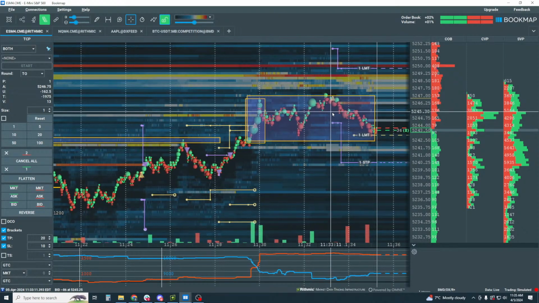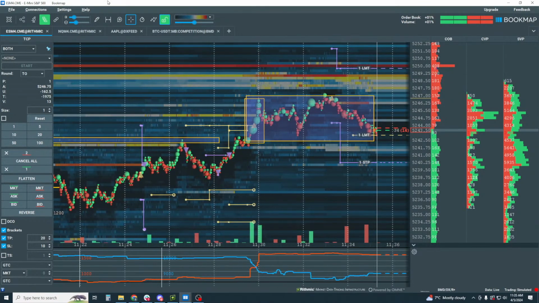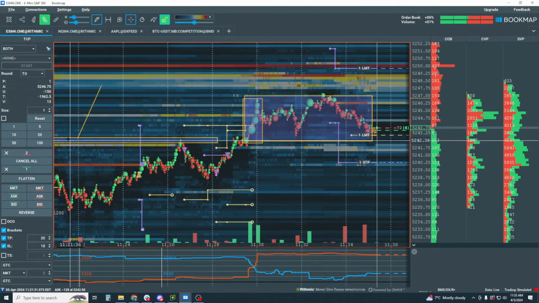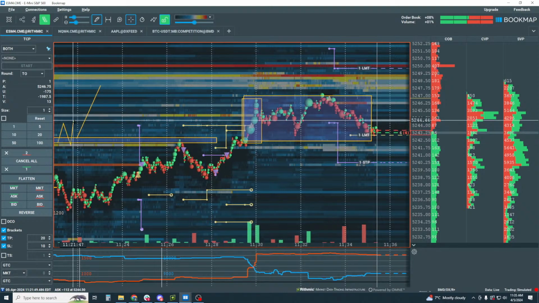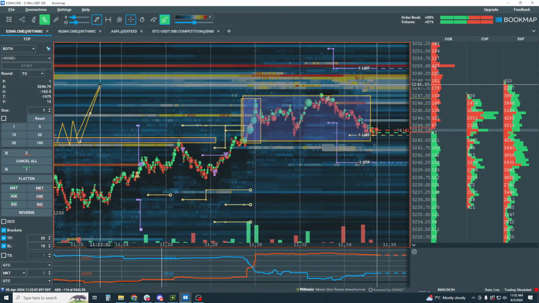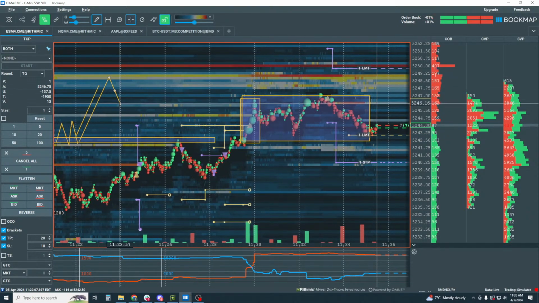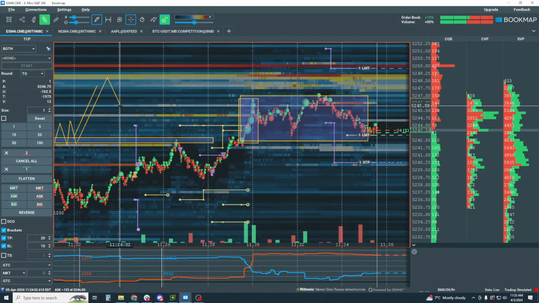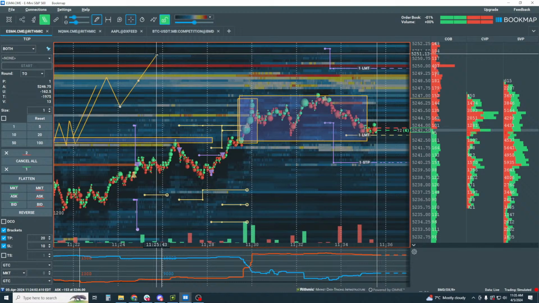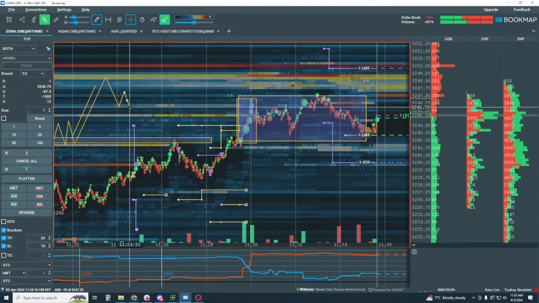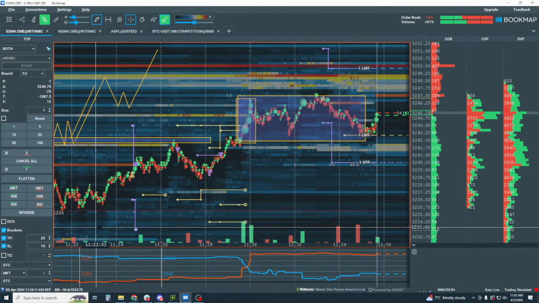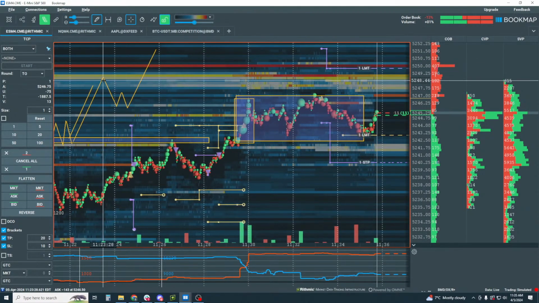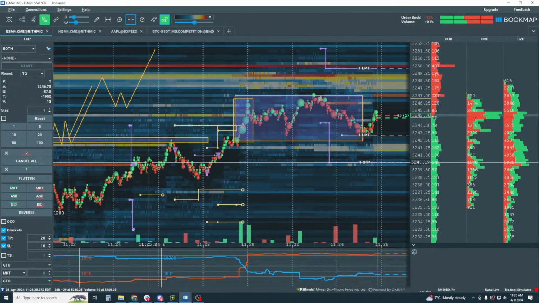If this was like a flag pattern, let's just mark this up. We have our consolidation, our impulse move, our pullback on a low volume pullback and not a full, less than 50% retracement, and then maybe we get one more, and then we get the equal measured move in a second impulse move, right?